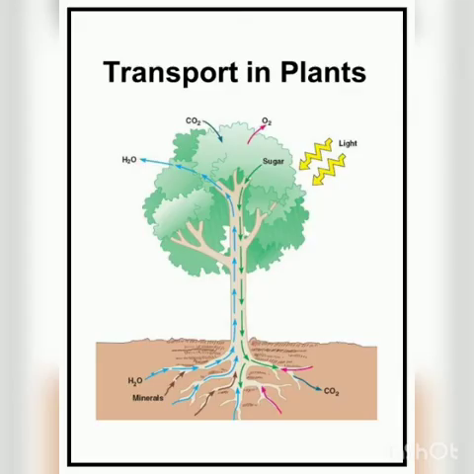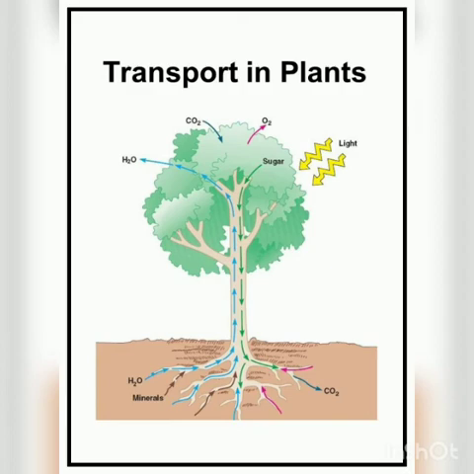In the case of plants, they absorb water and minerals from the soil through the root hair. Also the nutrients and all, they will be absorbed through the root hair, and through the xylem it will be transported throughout the plant body.